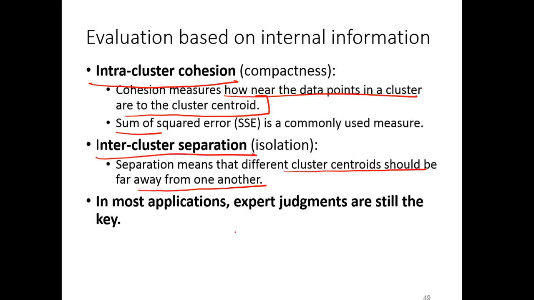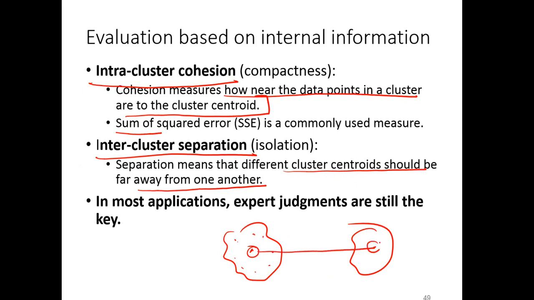Okay, so the first slide I talked about, right? This is a centroid here, this is a centroid here. You calculate the distance between each point and its centroid, and you also calculate the distance between the corresponding centroids of two different clusters.